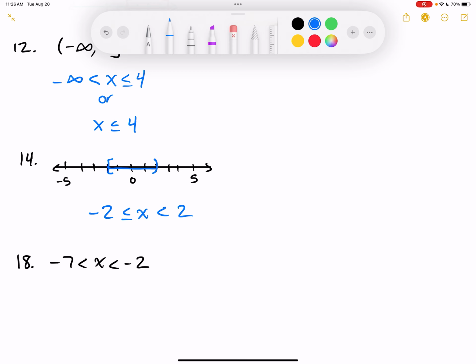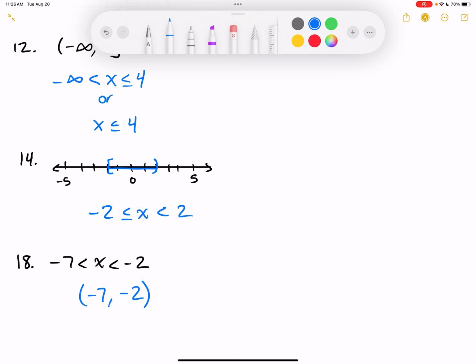Interval notation: parentheses, -7, comma, -2, parentheses. Why parentheses? Because it's just less than.